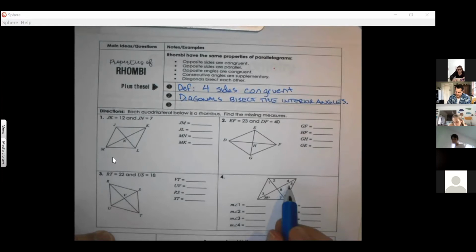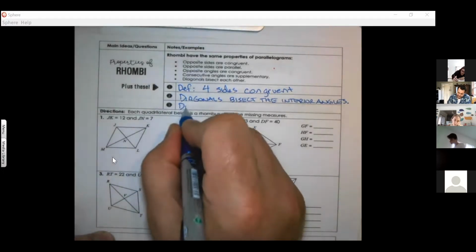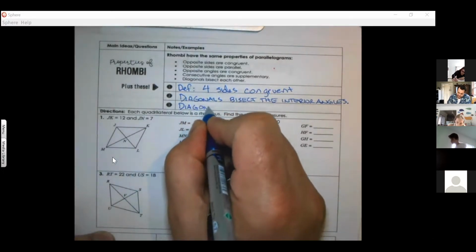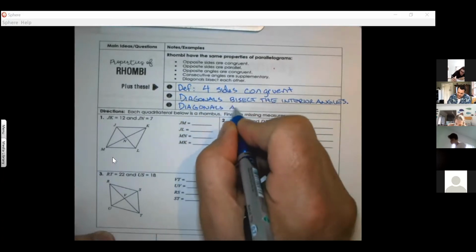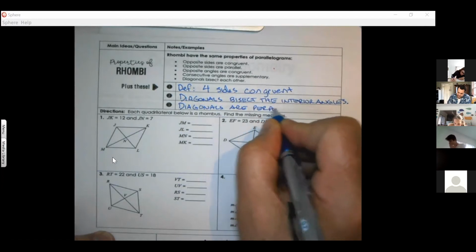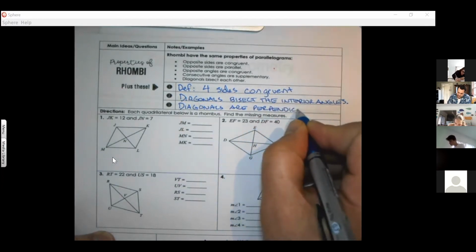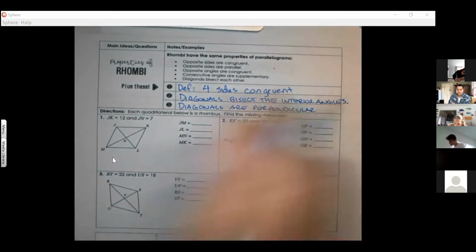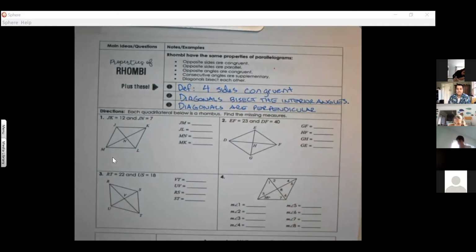So that like these angles 4 and 5 will end up being the same, 1 and 2 will be the same, 7 and 6 will be the same. And diagonals are perpendicular, to make a right angle.